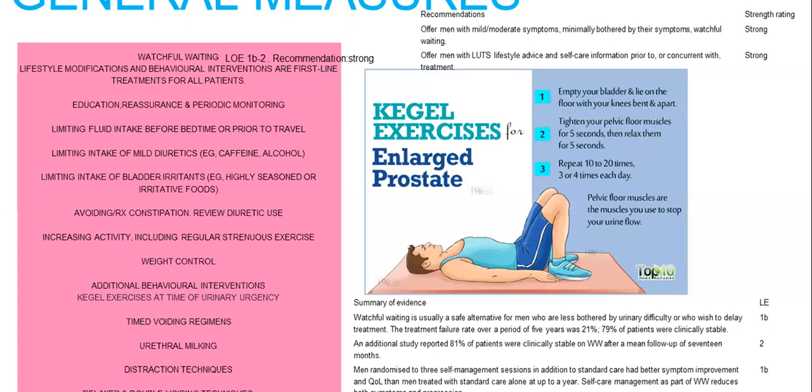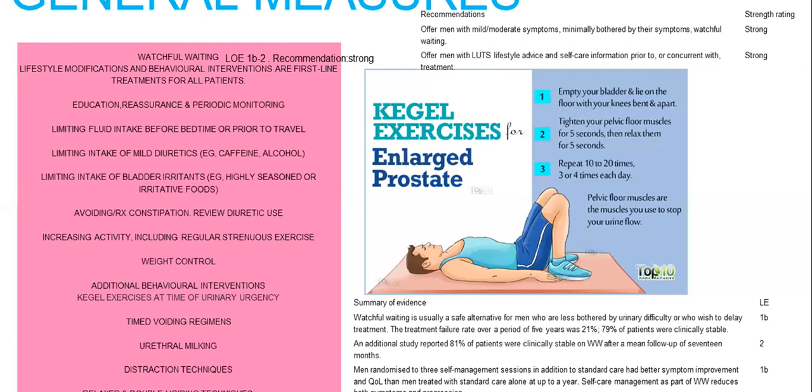In terms of our lifestyle modifications, watchful waiting is recommended as a very strong first-line approach for most patients that come in with BPE and LUTS symptoms. And the first-line approach would be lifestyle modification and behavioral intervention.